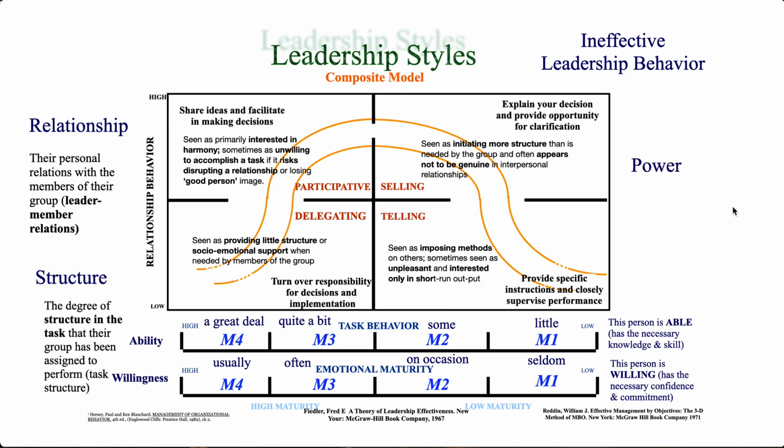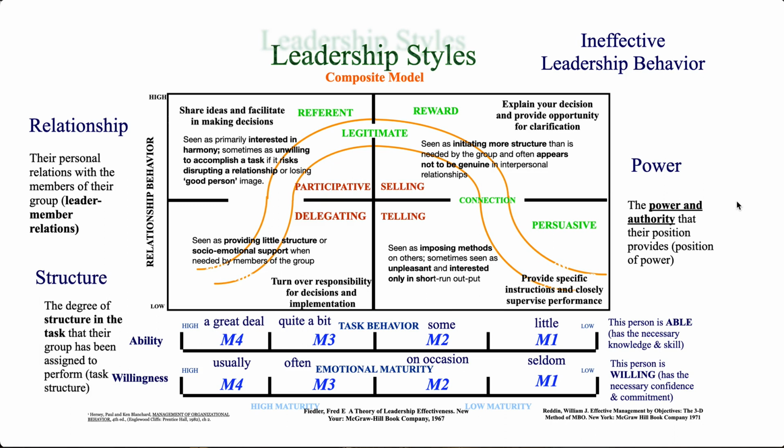Finally, we're talking about power and the power and authority that their position provides on that particular area. For instance, in telling, certainly there's persuasion, there are connective issues, there is a reward issue as you go up on selling. There is certainly a legitimate position, but now we're talking about the ineffective leaders, and I'm going to talk in just a moment to see if you can have just another view of this.